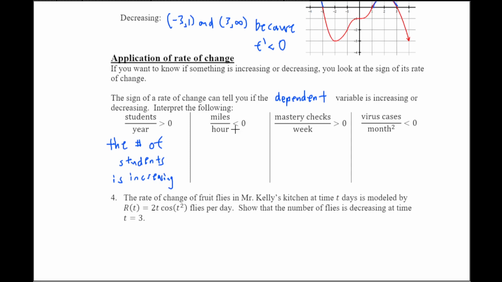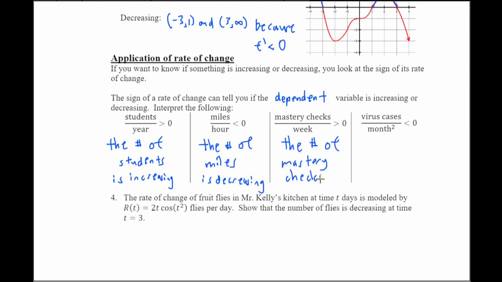If the miles per hour is less than 0, the number of miles is decreasing, because the rate of change is negative. If the rate of mastery checks per week is greater than 0, then the number of mastery checks is increasing. Noticing the pattern here?